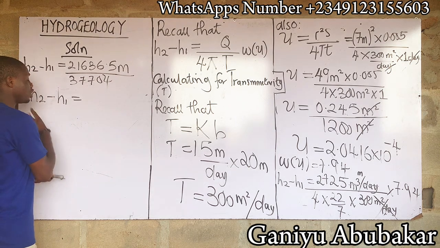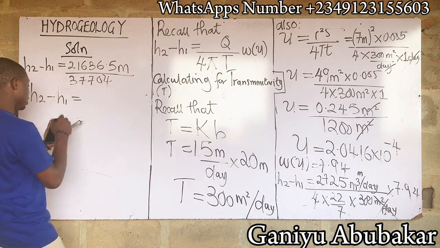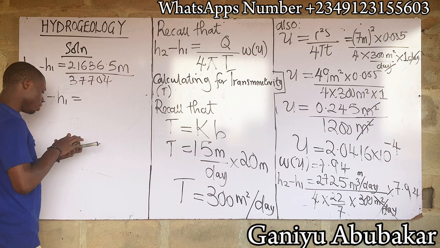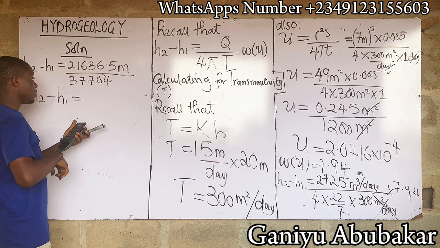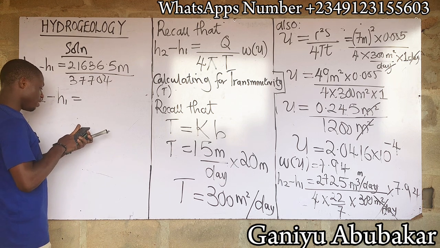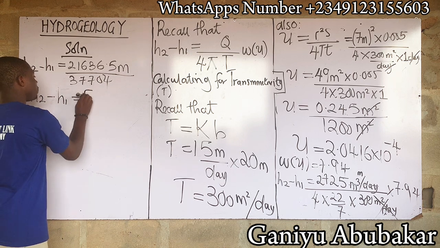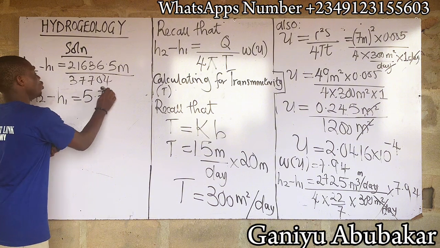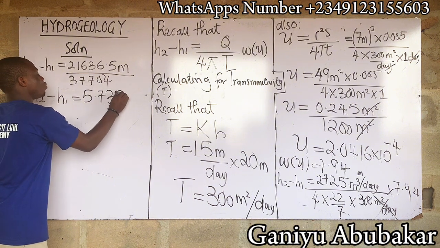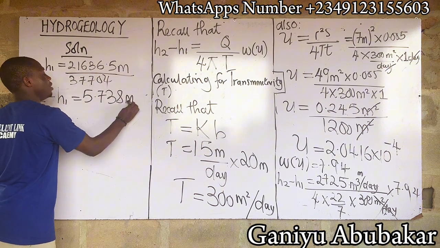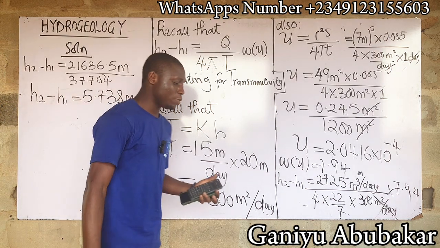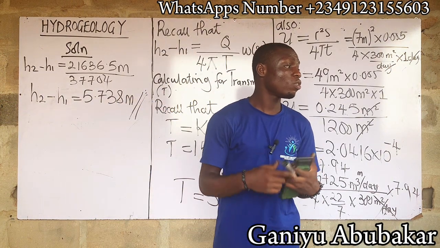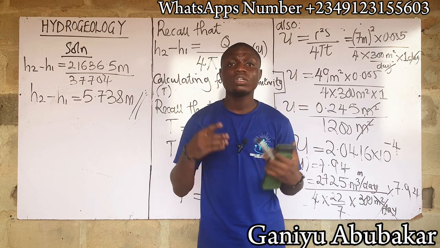So the drawdown, which is h2 minus h1, is equal to divide your numerator by denominator, 21636.5 divided by denominator. I have 5.738. By the way, please, what's my unit? In meters. So this becomes your answer to this particular question. So see you in the next class.